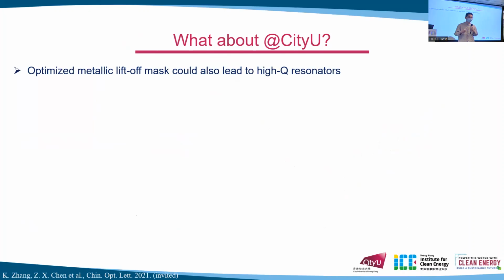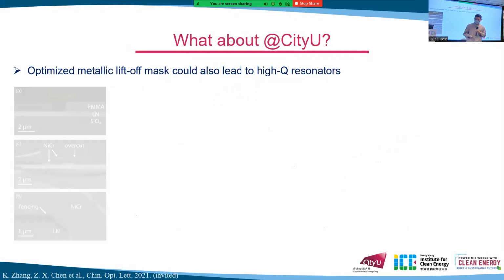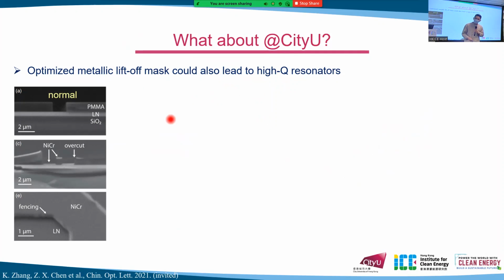Okay. Initially, we don't have the same advanced equipment as Harvard, but we could do some optimization. Our work shows that even using a metal mask could also lead to a high Q resonator. This picture shows the normal metal mask.